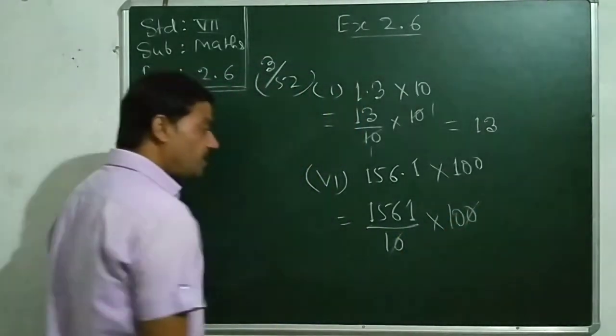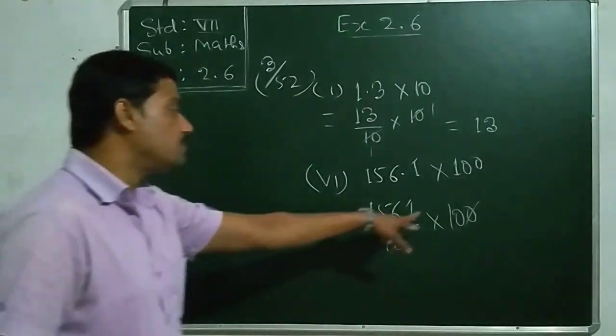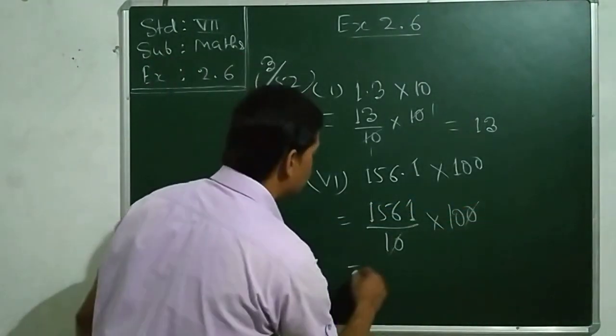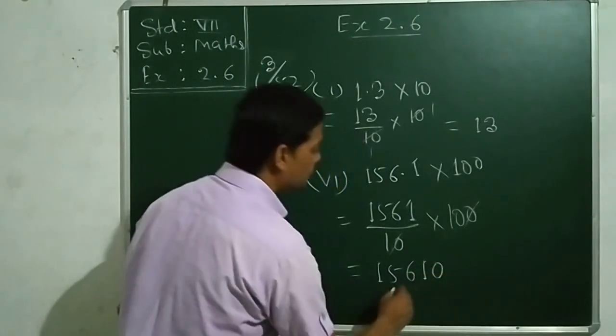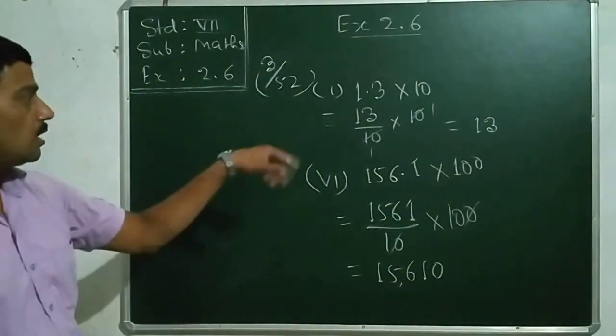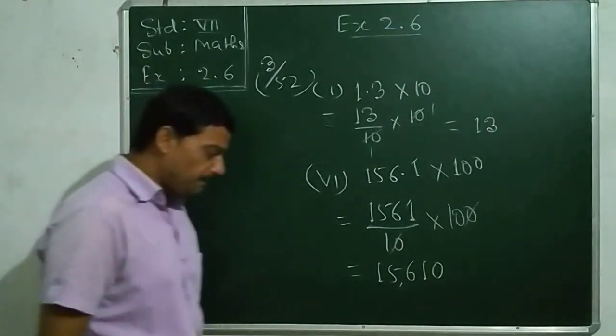After reducing it, we get 1561 into 10, that is 15,610. In this way you can solve the remaining sums of number 3.